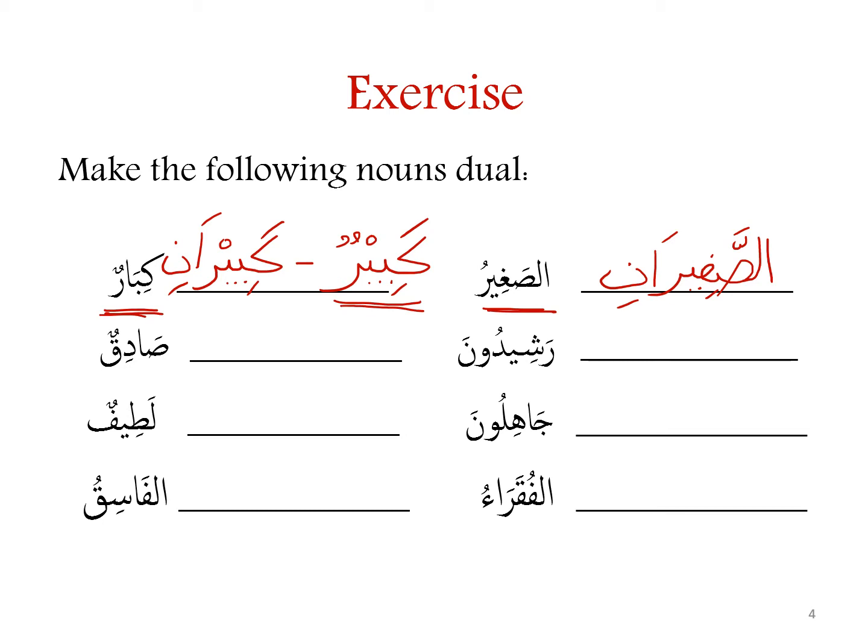If it was a dual noun, to describe it, we'd use kabirani. Or there's also the other ending it takes, aini. That depends on the grammatical role of that word. I'm doing the ani endings here, but same thing, you would just add the aini ending, kabiraini.